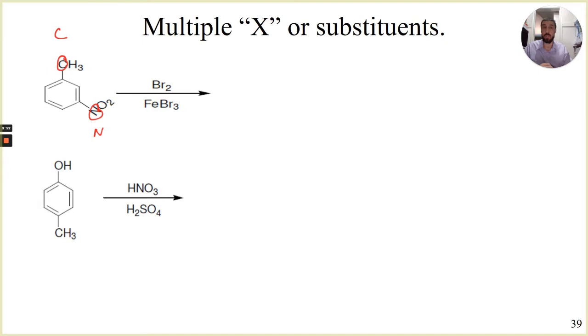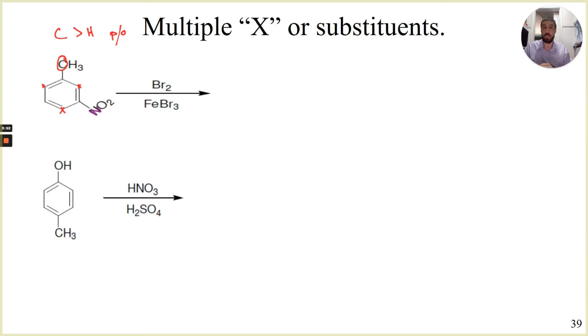Maybe it's not a big deal. How would they direct? The carbon has more electrons than hydrogen, so we would expect para-ortho. We'll color code these here. So para or ortho.